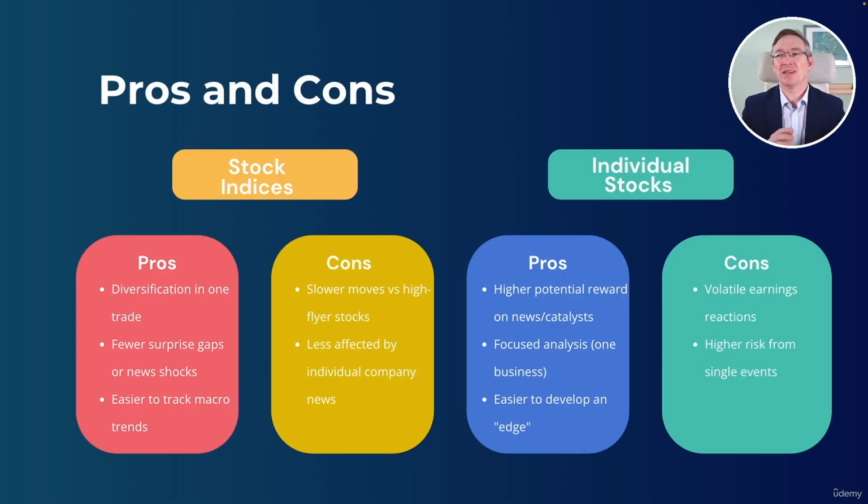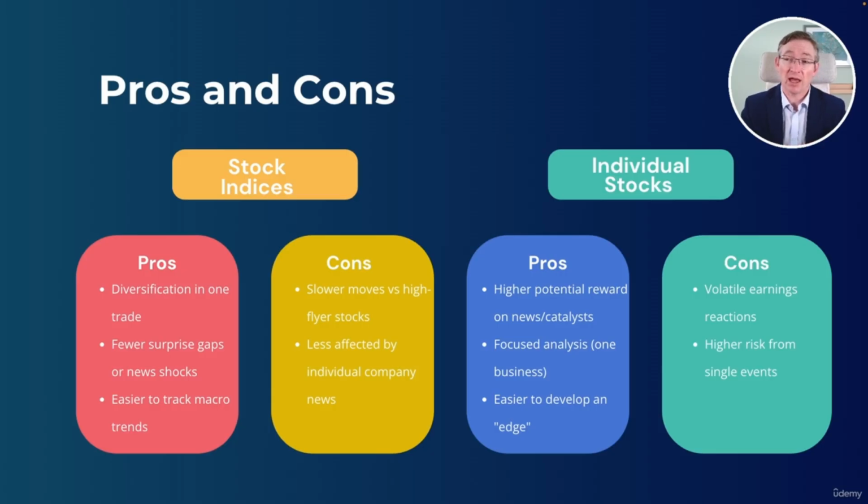But the con is this: they come with higher risk, especially around earnings or unexpected news. One bad headline and the stock can gap down 10% or more overnight. A bad earnings report, it's not uncommon to see gaps of 10, 15 or 20%. That's not necessarily very unusual.